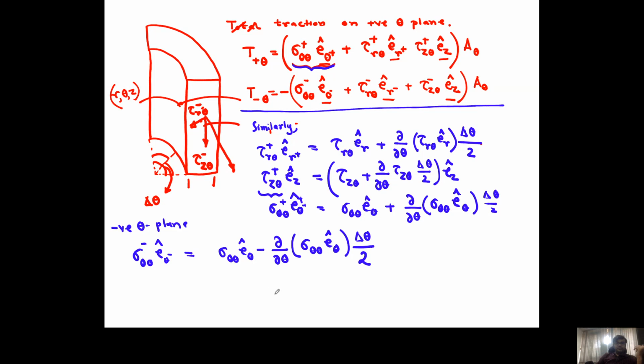So this is sigma theta theta minus and then there is e theta hat, and you can write it like this. So basically only this sign is changing.